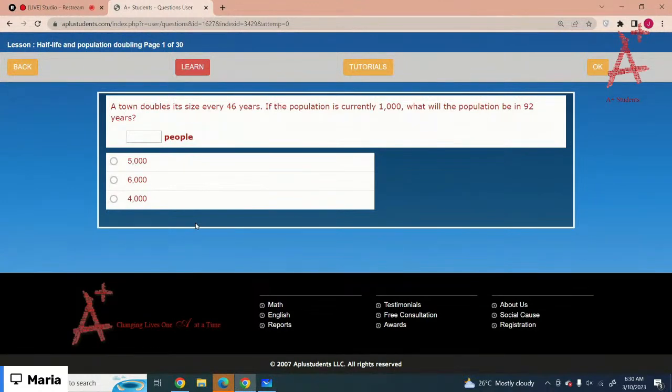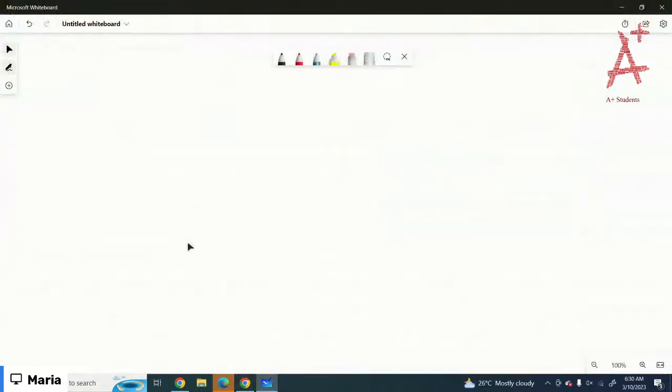Got it? So just divide 92 by 46, because it is doubled after 46 years. So 92 divided by 46 is 2. 92 is the double of 46.